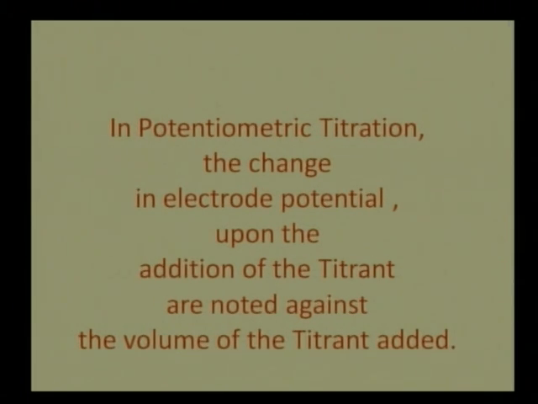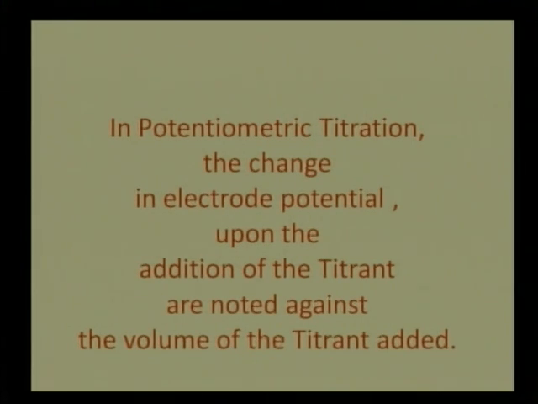Suppose in an acid base titration, when we add NaOH from the burette, the number of ions in the solution changes according to the reaction, and that change in ions is noted down by the indicator.